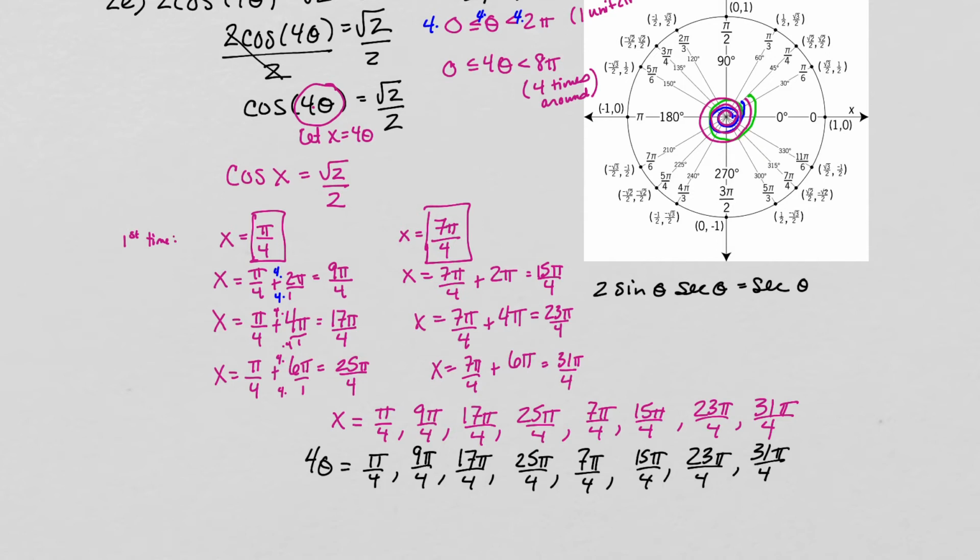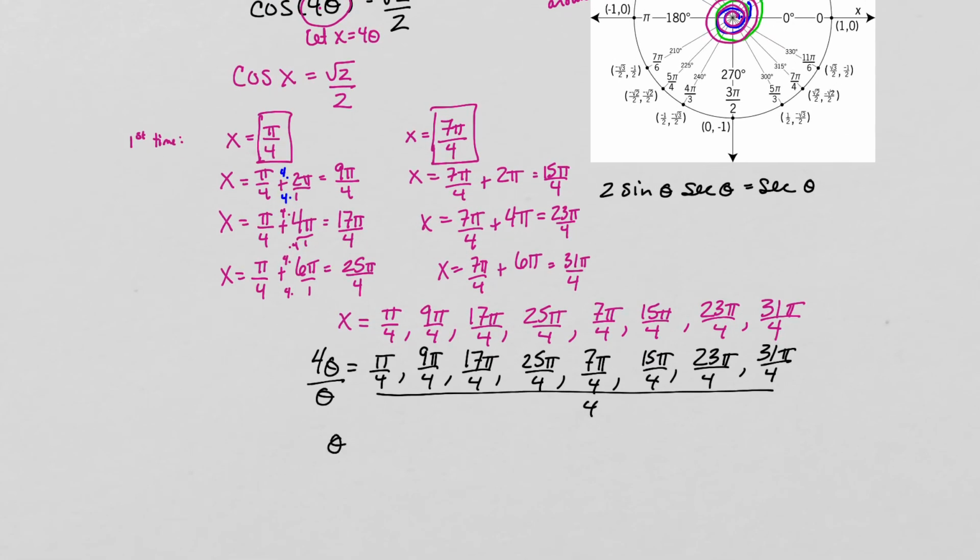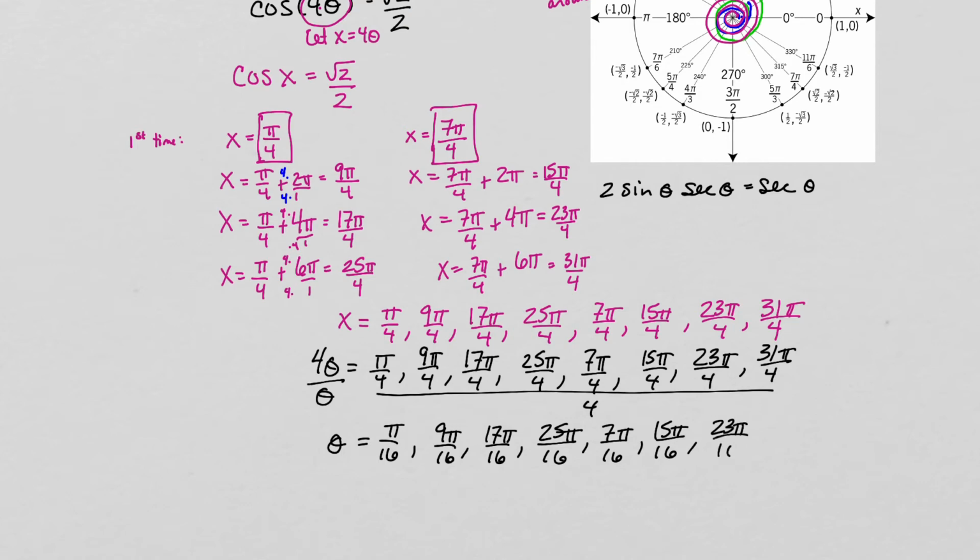And now I want to find theta, so I need to divide each one of these things by 4. And when you divide them by 4, you will end up with theta equals pi over 16, 9 pi over 16, 17 pi over 16, 25 pi over 16, 7 pi over 16, 15 pi over 16, 23 pi over 16, and 31 pi over 16.